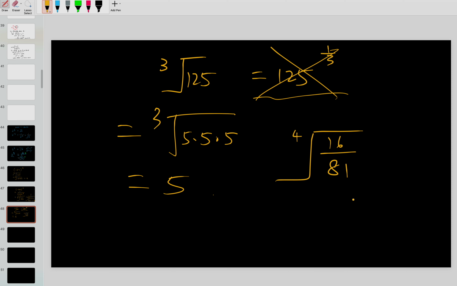So this question, what you do is, can you see that this 4th root goes into the 16 and it goes into the 81? So in a way you can see it this way. You can split it. If you cannot see it this way, never mind. I'm going to show you another way.